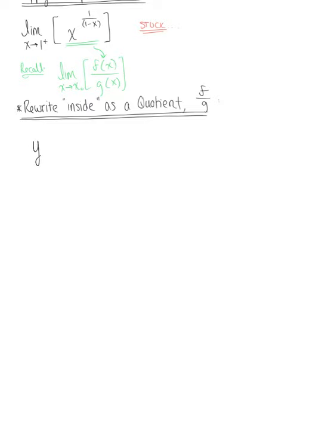So I'm going to let y be equal to x raised to the 1 divided by 1 minus x. And now in order to create a quotient, we can apply the natural logarithm to both sides. So we'll have the natural log of y is equal to the natural logarithm of x raised to the 1 divided by 1 minus x.